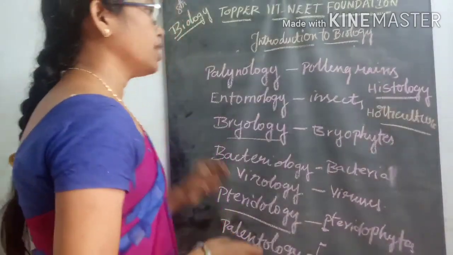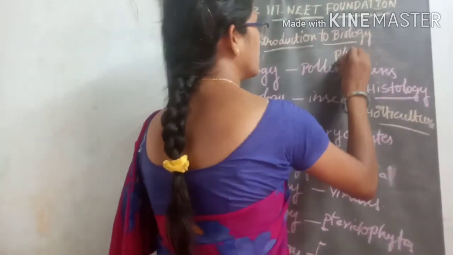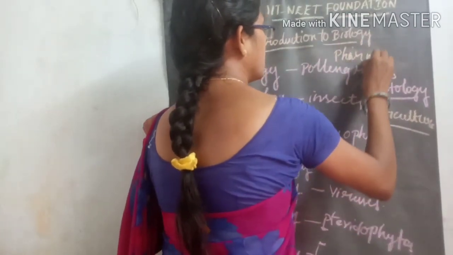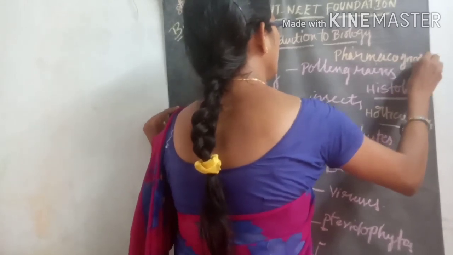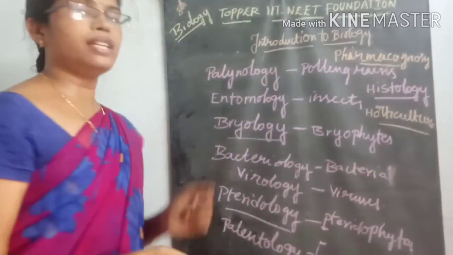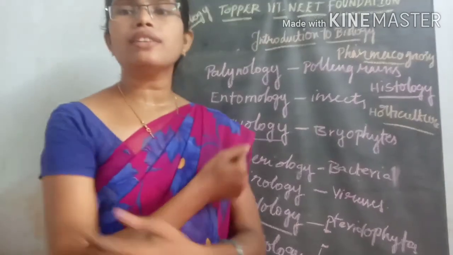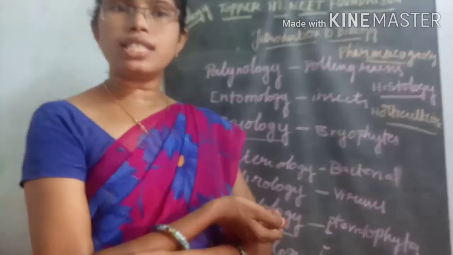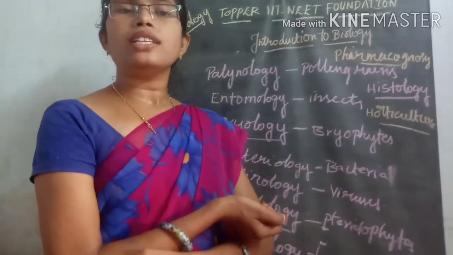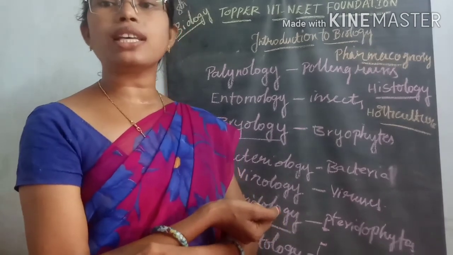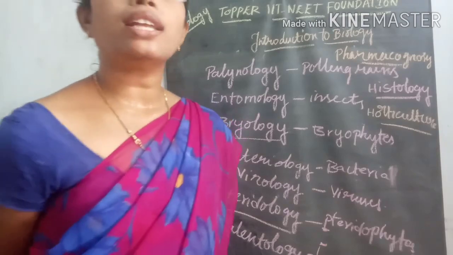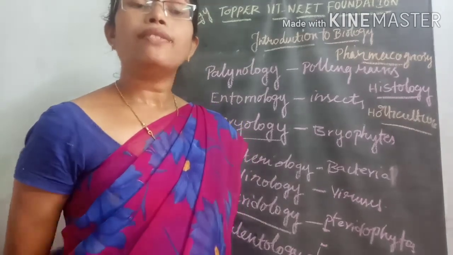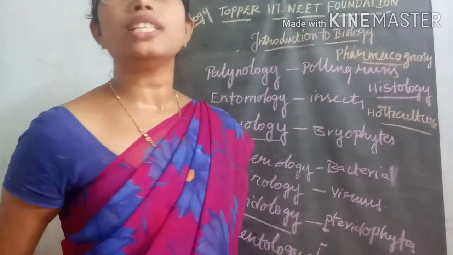And another important one is called pharmacognosy. What is that science? Pharmacognosy. Pharmacognosy means the science which mainly deals with different varieties of diseases, and the diseased plants, what the causative organisms are, and what the treatment is for those particular diseases.